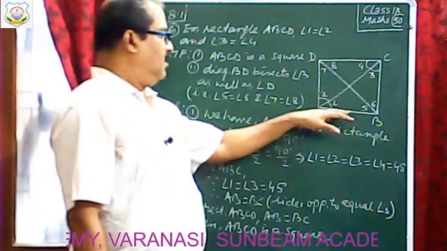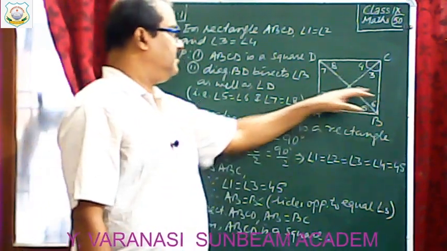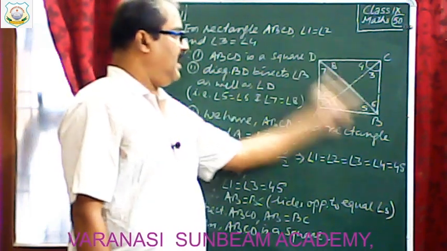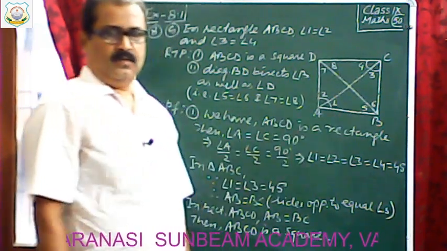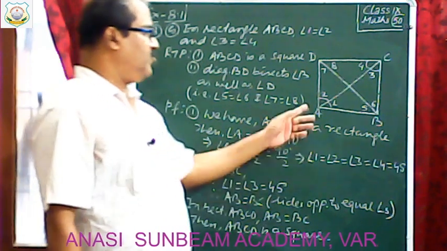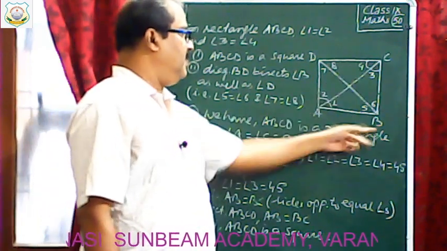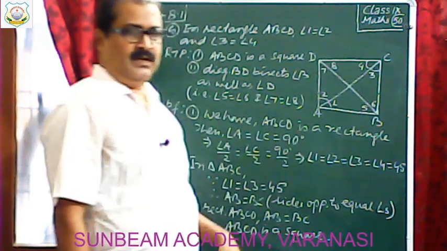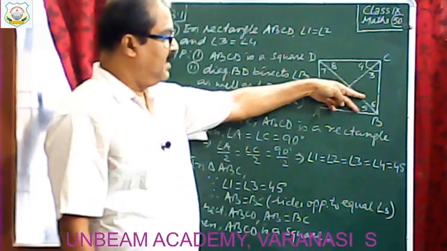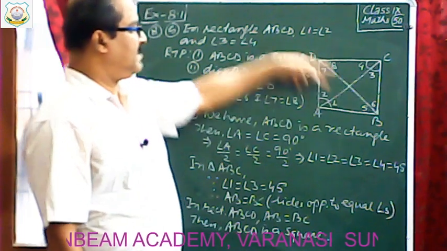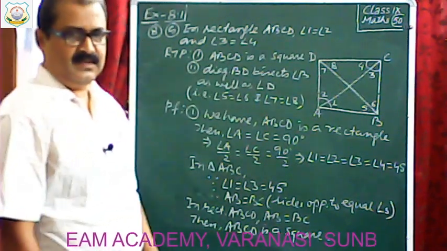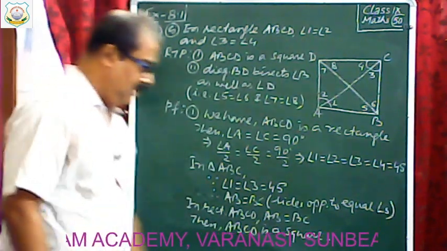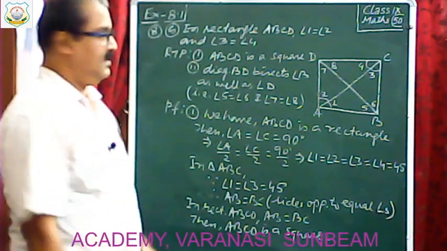So AB equals BC, AD equals DC, and BD is common. So by SSS criteria, both triangles ABD and CBD are congruent. Then by CPCT we can say angle 5 equals angle 6 and angle 7 equals angle 8. Means BD bisects angle B as well as angle D.